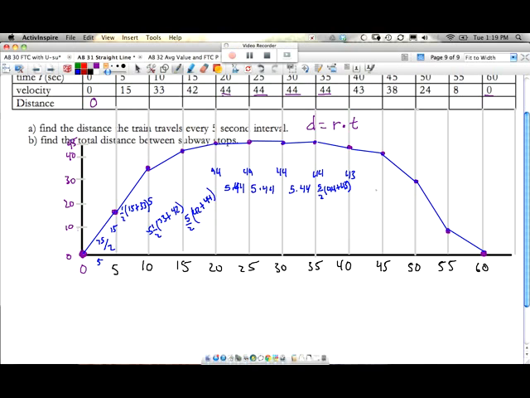And then for the next one, we go from 43 to 38. So that's going to be 5/2 times 43 plus 38. And then for the next one, between 45 and 50, we got 5/2 times 38 plus 24. And then for the next one, we got 5/2 times 24 plus 8.